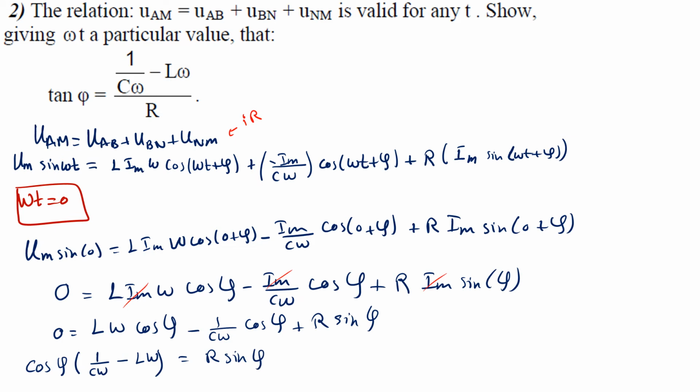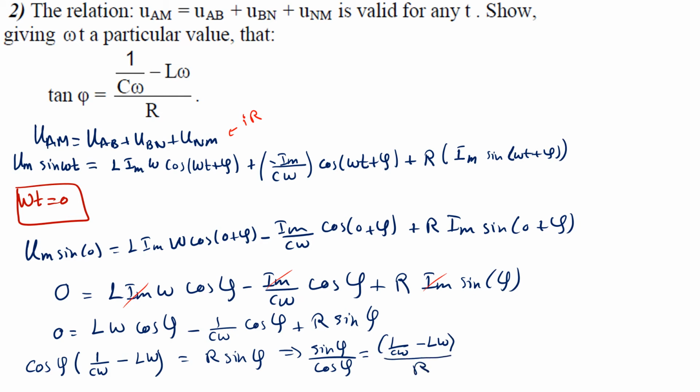Divide both sides by sine phi, we will get sine phi over cosine phi is equal to 1 over c omega minus L omega over R.